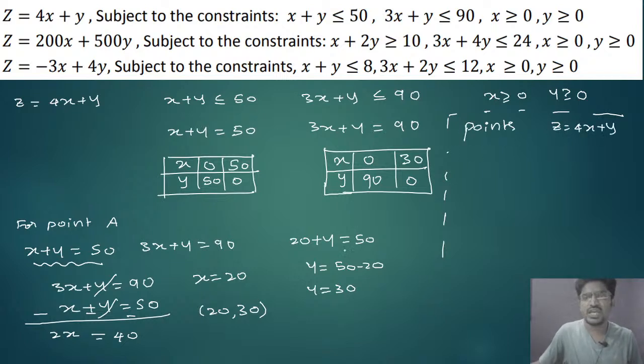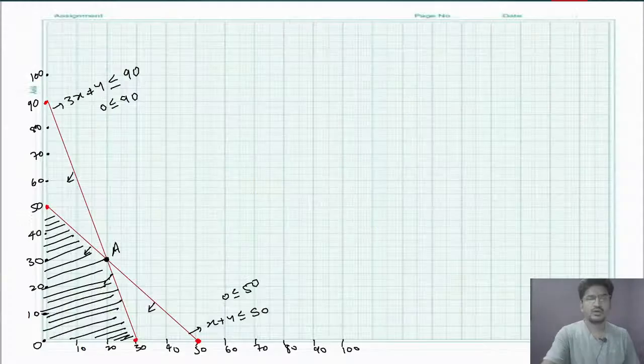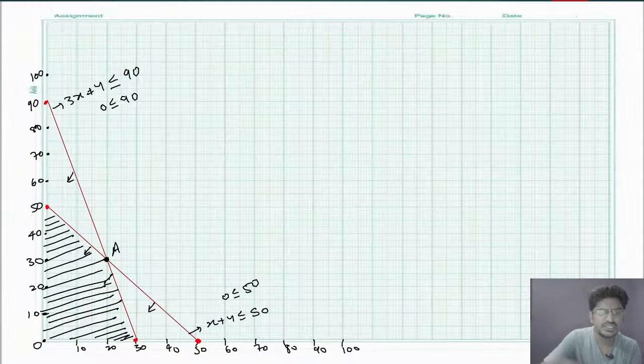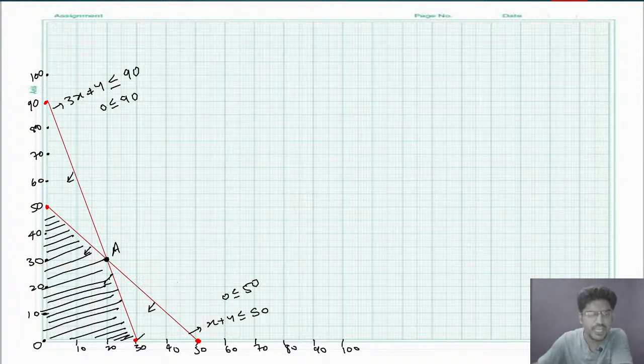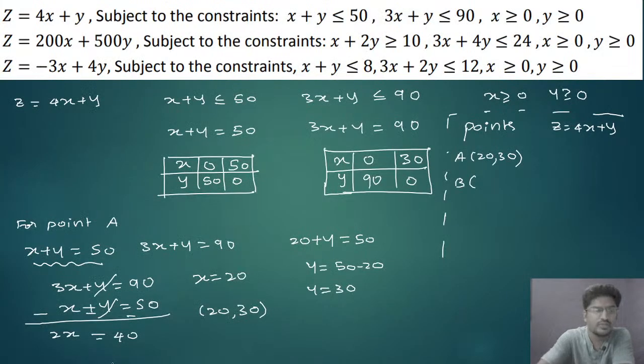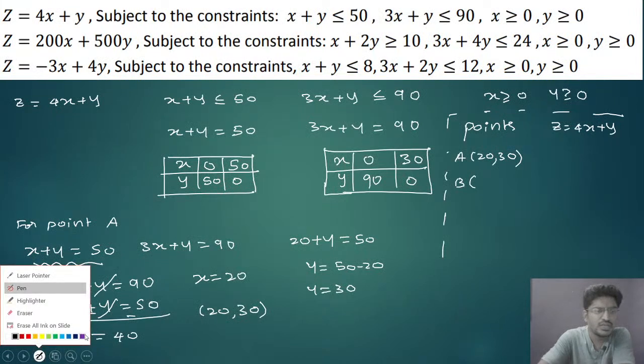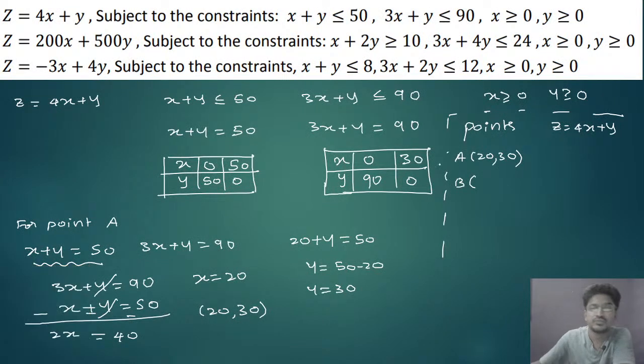So point A is 20 comma 30. See the point B. Point B is 30 comma 0.